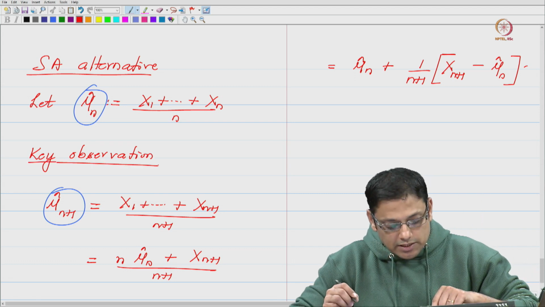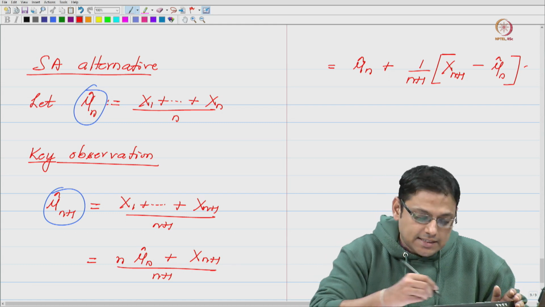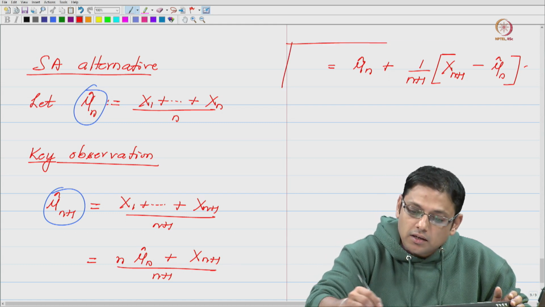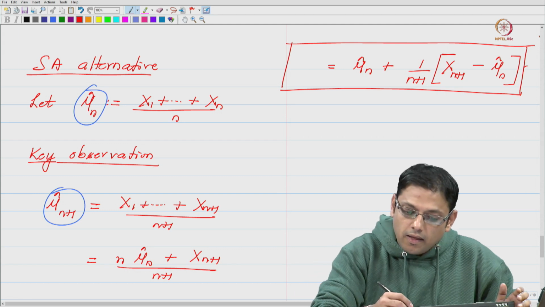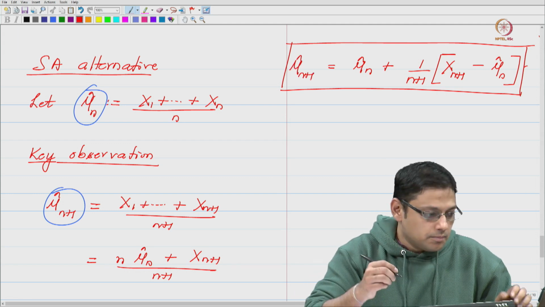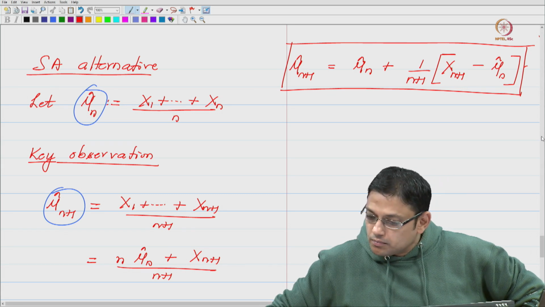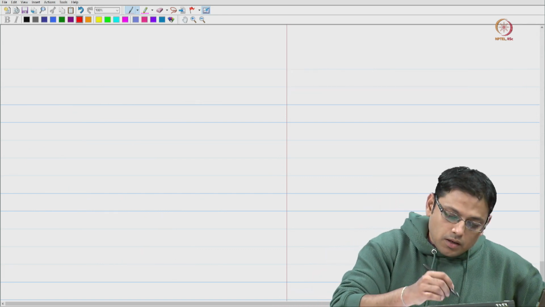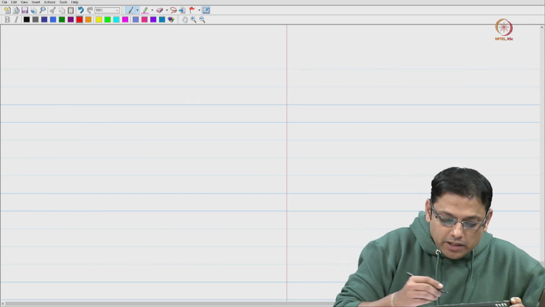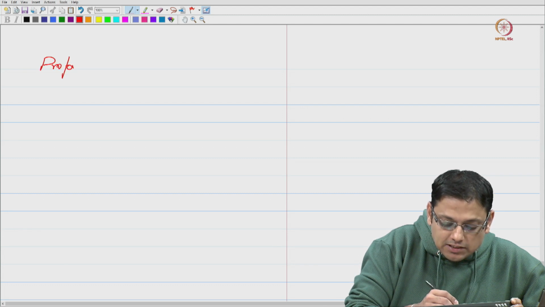So the key observation is that mu hat n plus 1 and mu hat n satisfy the following relation. So based on this, the proposed stochastic approximation algorithm to find expected value of X is the following.